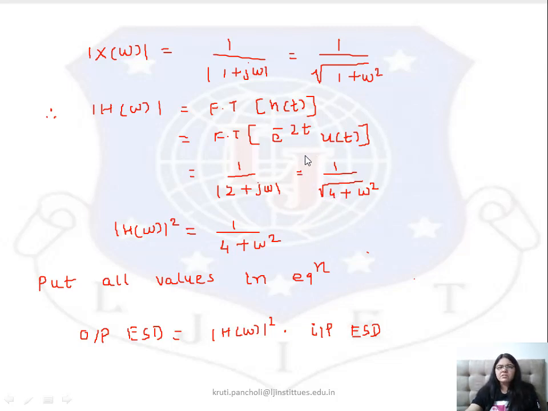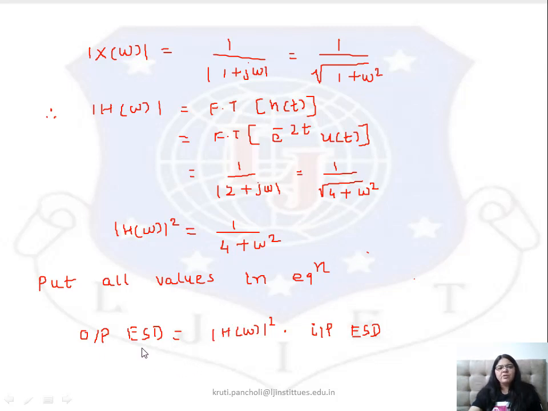And therefore, the square of this is 1 upon 4 plus omega squared. So now I have the value of modulus of H(omega) squared, and the value of the input spectral density |X(omega)| squared. So now we put all the values in the equation.